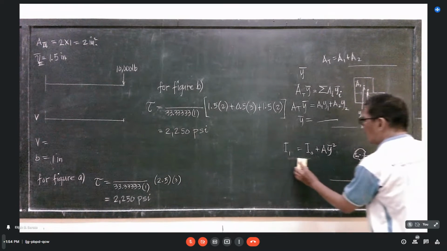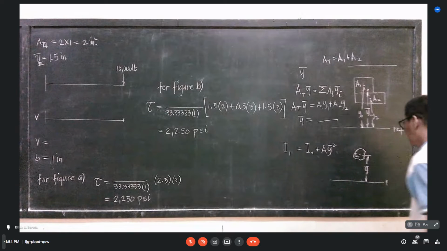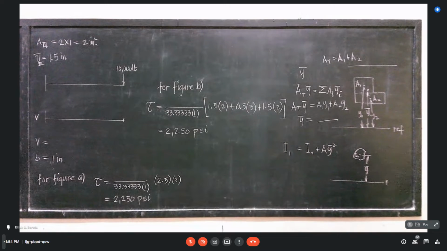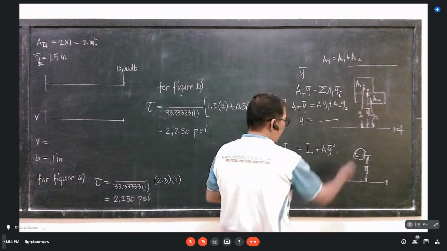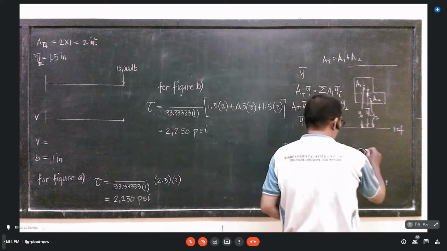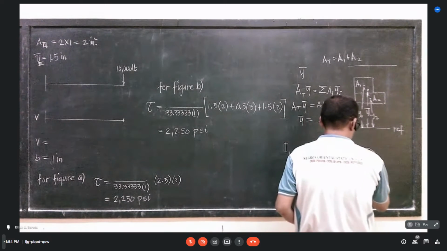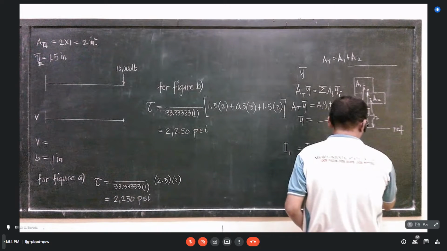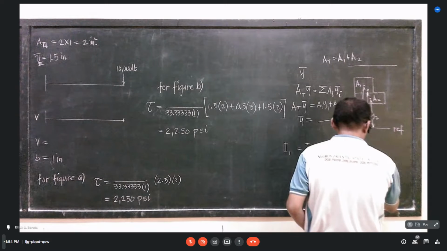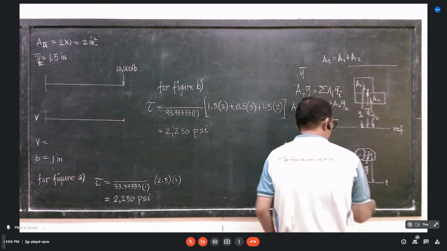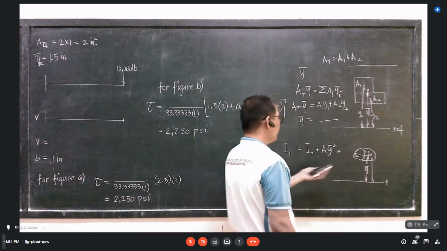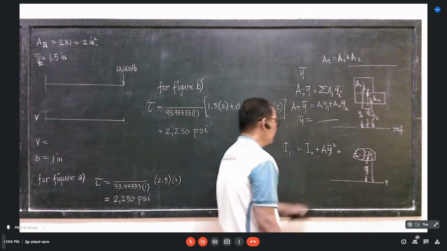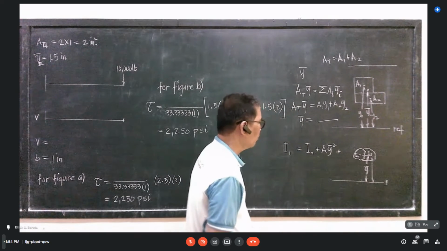So, the moment of inertia now of the whole area: this area here, then its centroid. Then you have to add that here. Because this time, they have the same reference axis, axis 1. You can add now the moments of inertia.